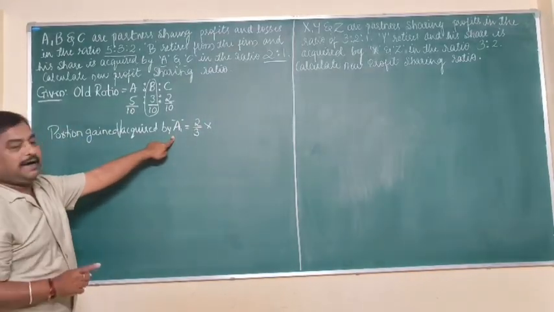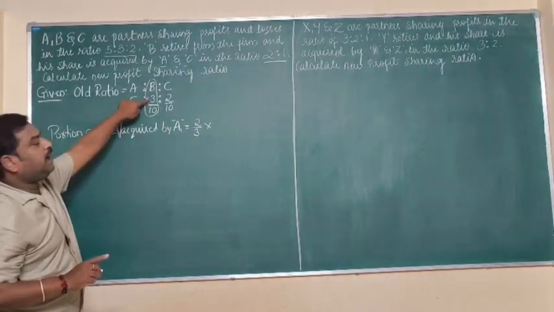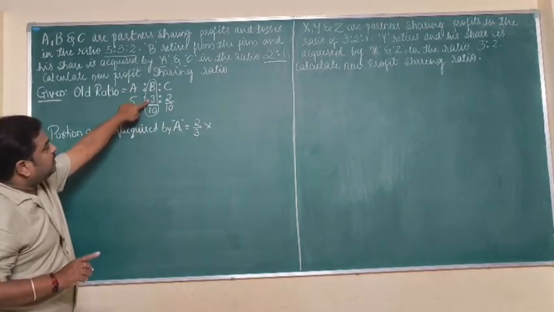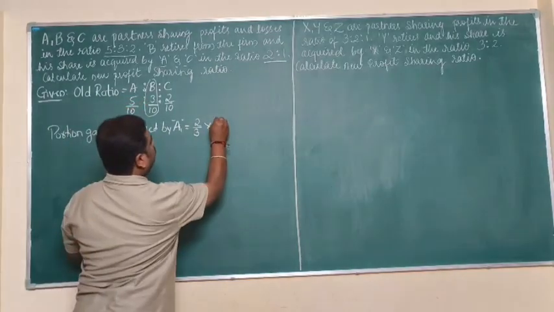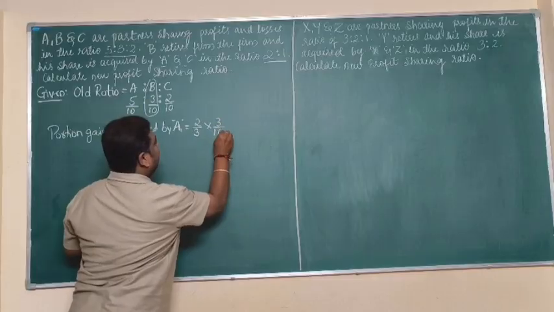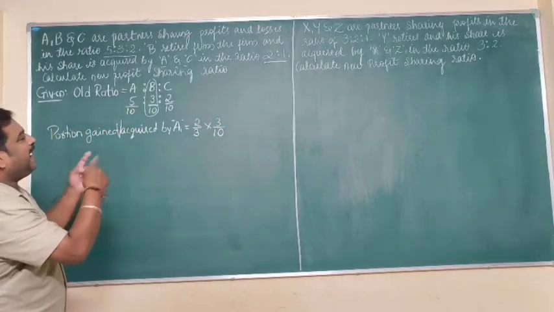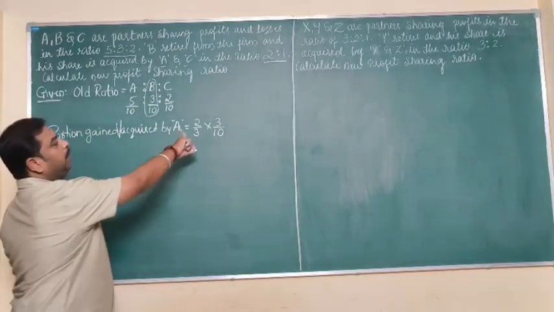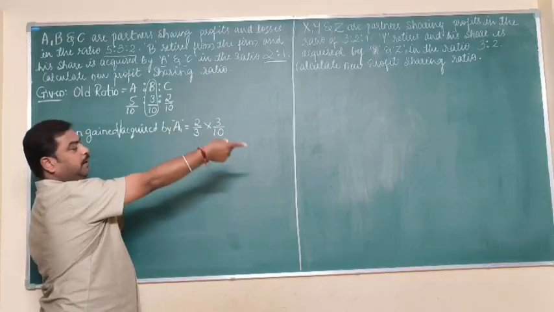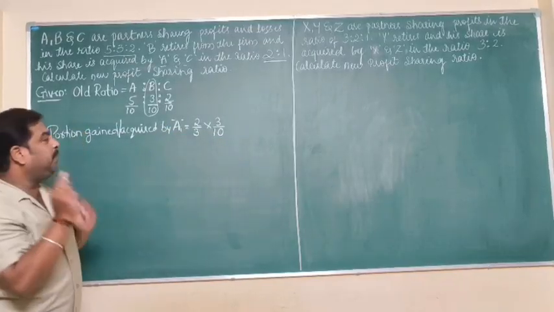The retiring partner's share. And who is our retiring partner? B. And what is his share? 3/10. So 2/3 into 3/10. Don't go for cancelling. Just simply multiply the numerator into numerator, denominator into denominator. Last step we will simplify this.